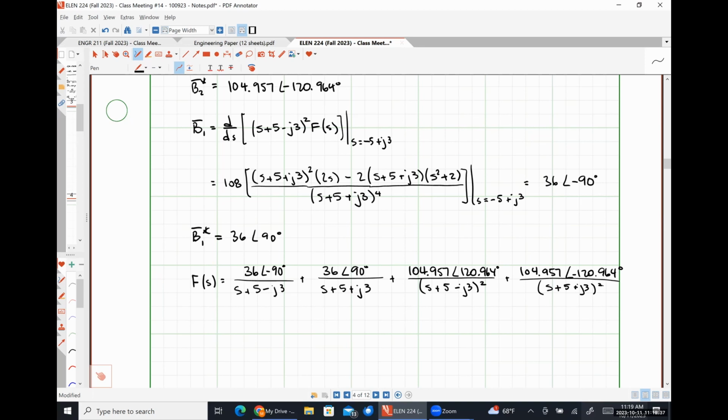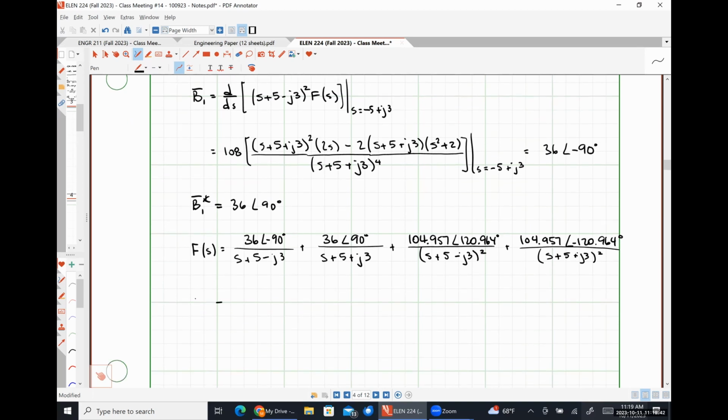So that part of things is going to look like 72 e to the minus 5t cosine of 3t minus 90 degrees, u of t. So that's the part that comes from these first two terms, applying the relationship that we effectively derived at the end of our last class week.